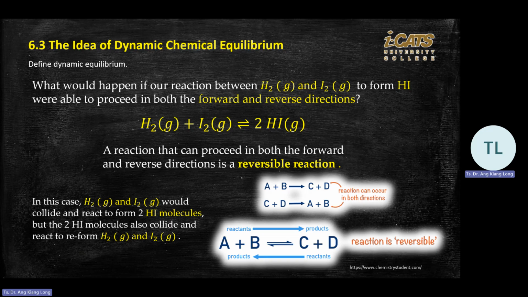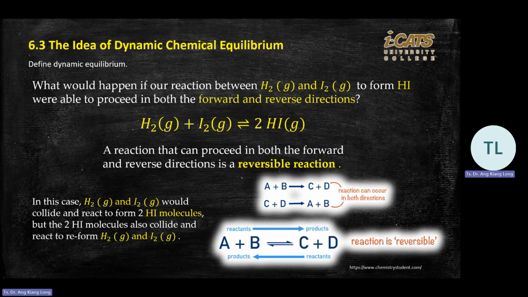And to form H2 and I2, the HI products need to collide with each other with very high energy and proper orientation. I need you to use the word proper, not correct. So if you have a double arrow like this, reversible, it means there are 2 reactions possible. A plus B will go to C and D, and also CD can go back to A and B.